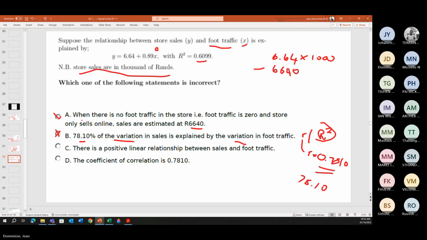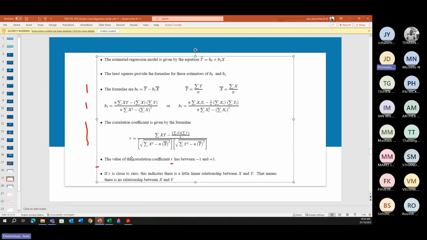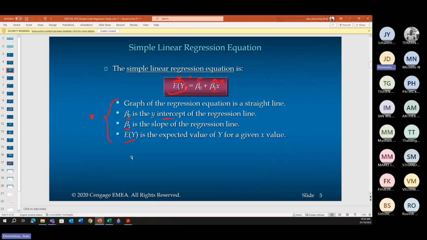And if you'd done that, you would not even look at the other options, because you have already identified what's right according to you. So just be careful, and specifically for study unit 11, look again at the definitions of R and R square. And again, it is also in this PowerPoint, I know I included it all in here.